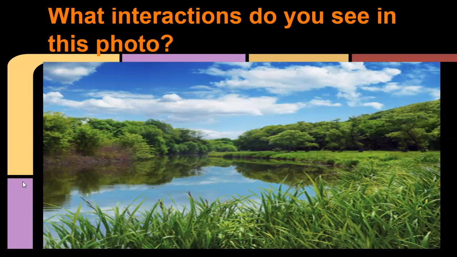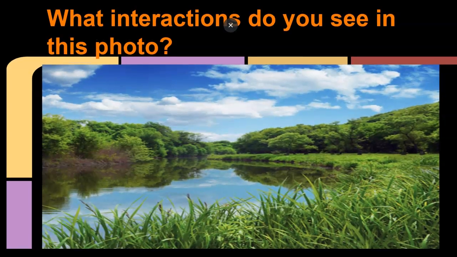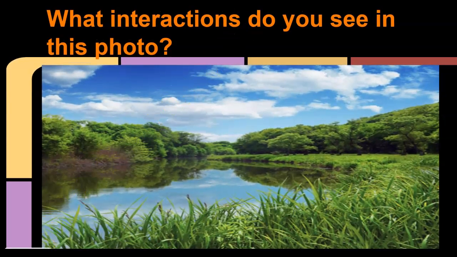If we look at this picture right here, you see a big pond. Well, that big pond has a forest around it. So you try and come up with some ideas of interactions that you may find in here. So to be an interaction, it has to be one organism on another.